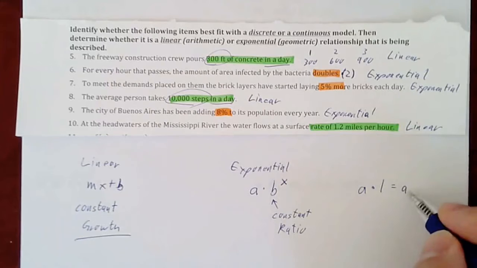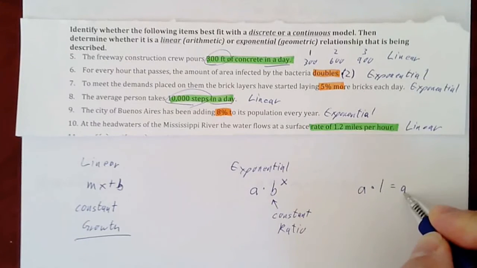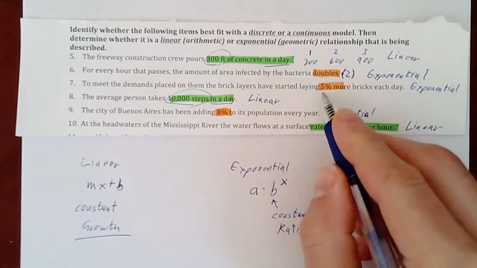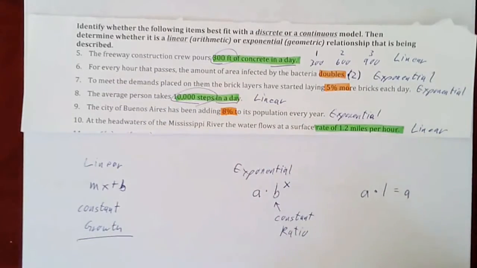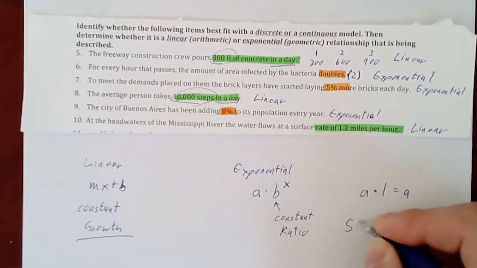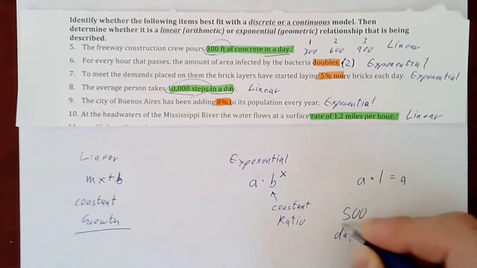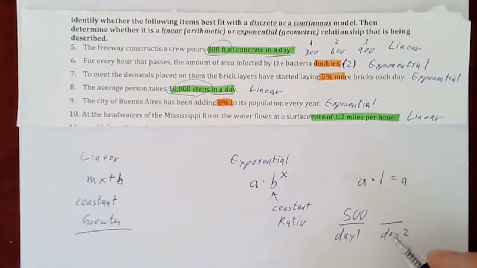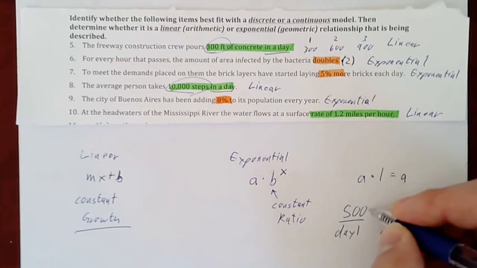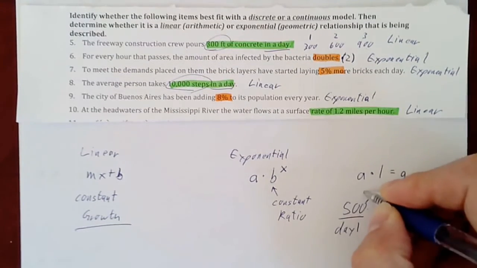So if I want a number to increase by 5%, let's say I laid 500 bricks on day 1. How do I find day 2? Well, I would take 500, multiply it by 5% and add it to this. So I want to add 5%. But there's a faster way. I want to multiply, and the way that I would multiply is I would take this number right here and multiply by 1.05.